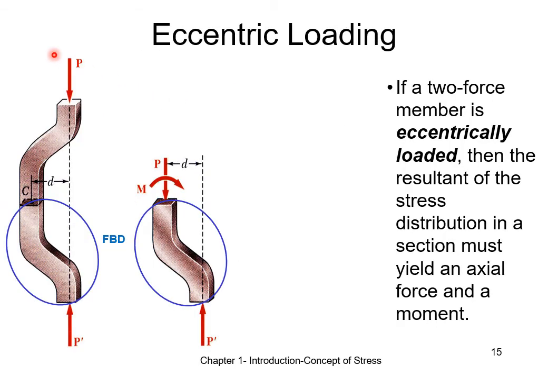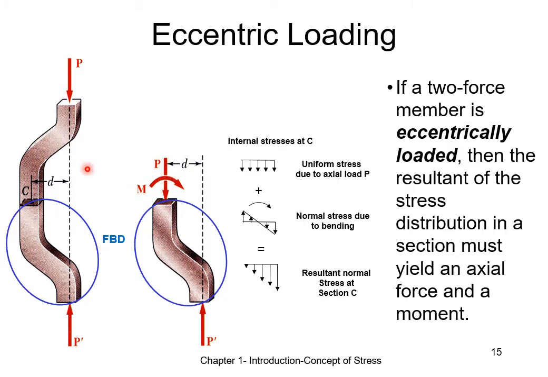If, however, the force does not act along the centroid of the section, it will cause eccentric loading. In this example, if you see in the notes, we have the force that acts over here. This itself is at a distance d away from the centroid that we want to consider. Because the force does not act through the centroid that we consider, the force itself can be broken down into an axial force that acts along the centroid plus a moment.